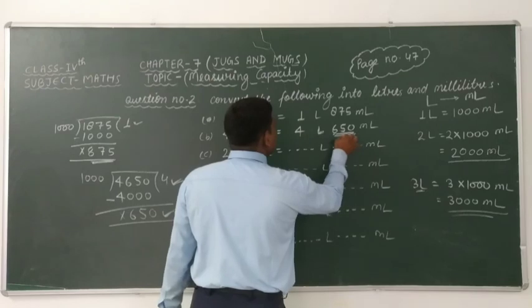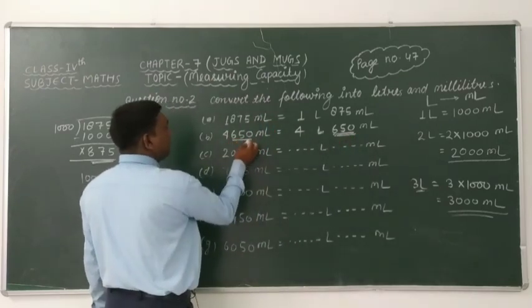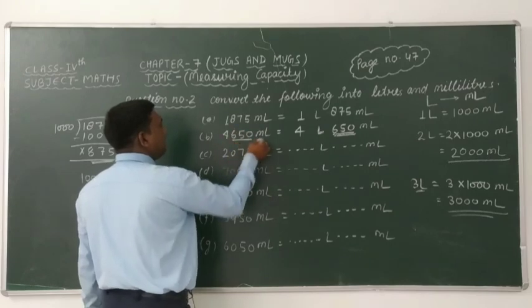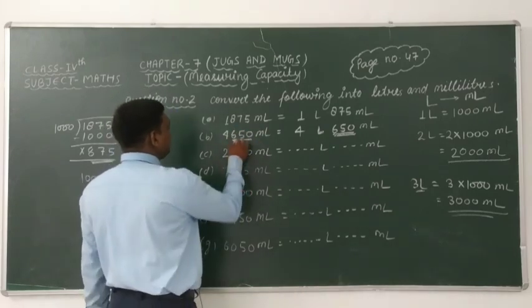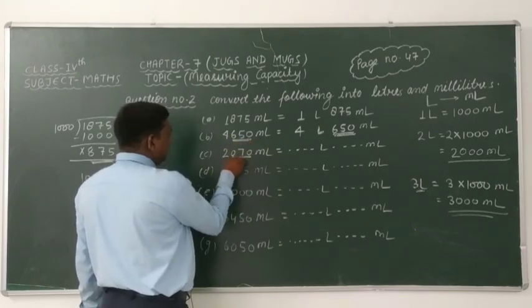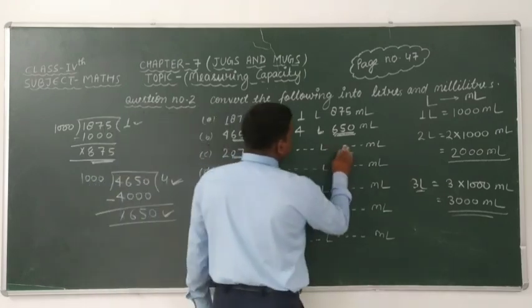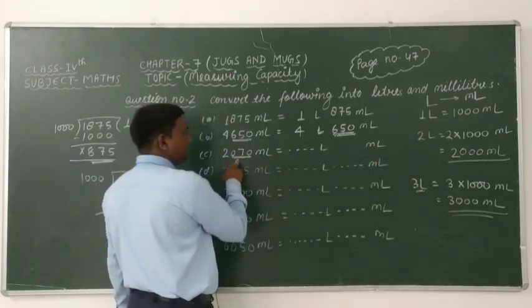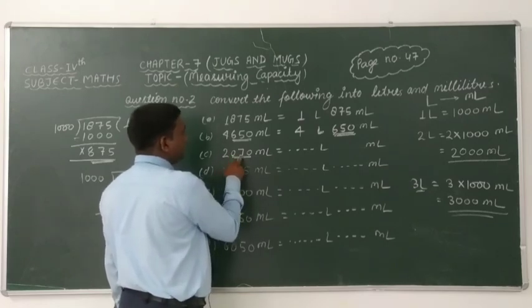Here we have to take the last 3 digit number of the given number of milliliter. Therefore, in this question, here we get last 3 digit number as 070.